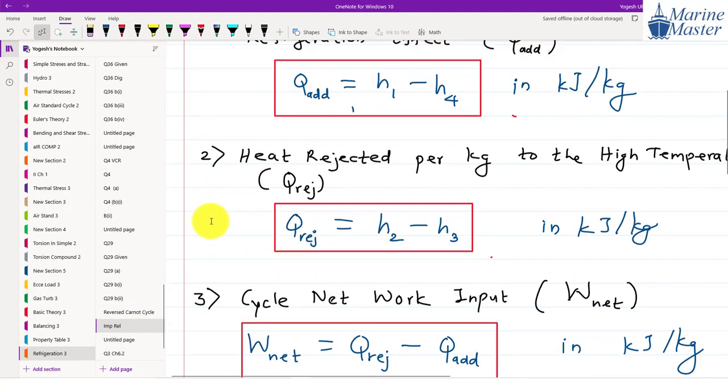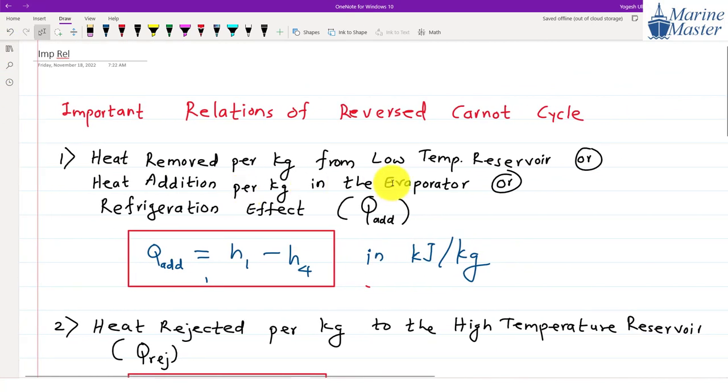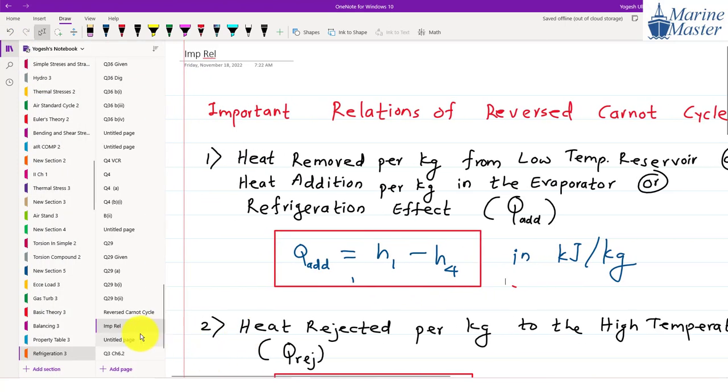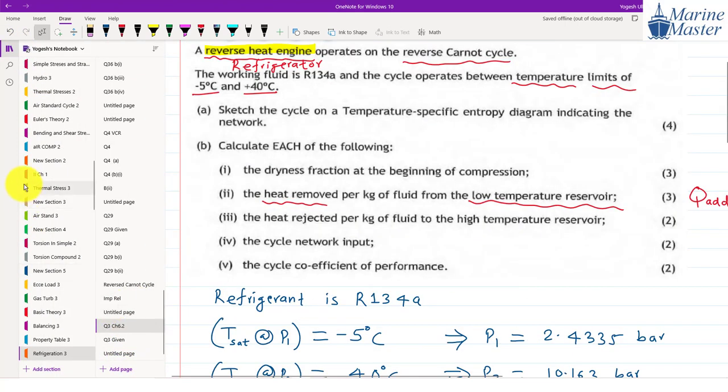This Q addition will be equal to H1 minus H4.